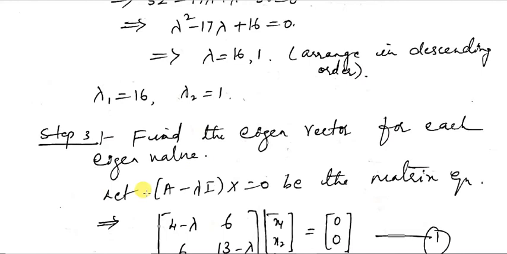In the next step, let us find the eigenvector for each eigenvalue. So let us form the matrix equation. Let A transpose A minus lambda into I times x is equal to 0 be the matrix equation.